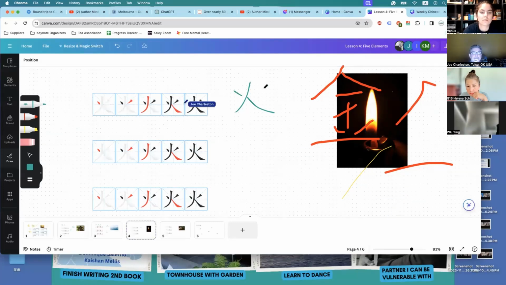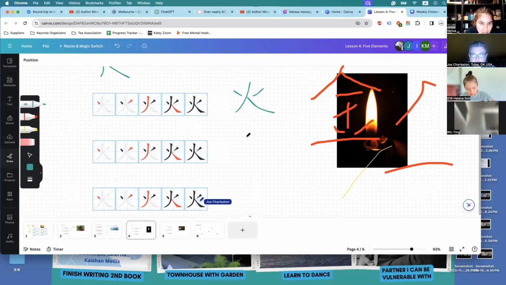And then this person is waving its arm because the building's on fire. So how do we say it again? Oh, 火. Oh, that's so much better, Joe. That's it. The last one is correct.